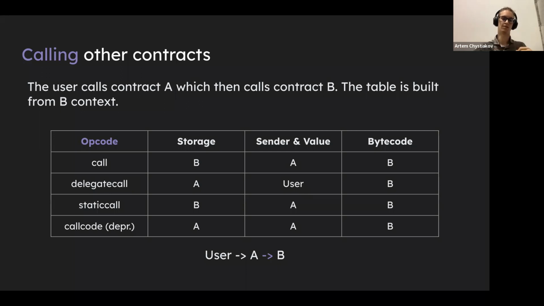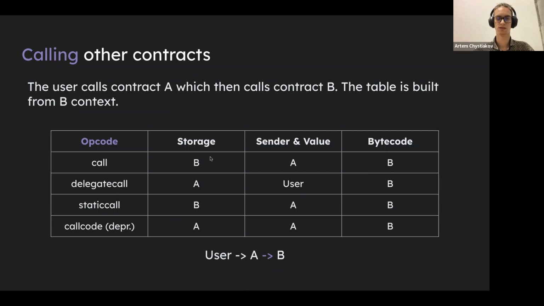And if the bytecode of contract B, for example, reads the message sender somewhere, the message sender will be the user, so the previous one. And this is the way proxies work, but we'll cover them in the future. So the static call is the same as call.